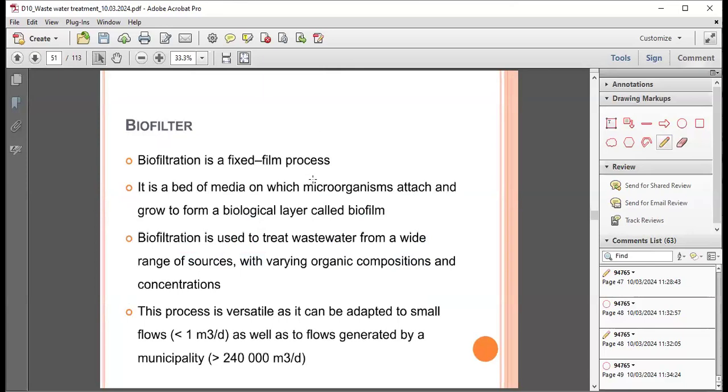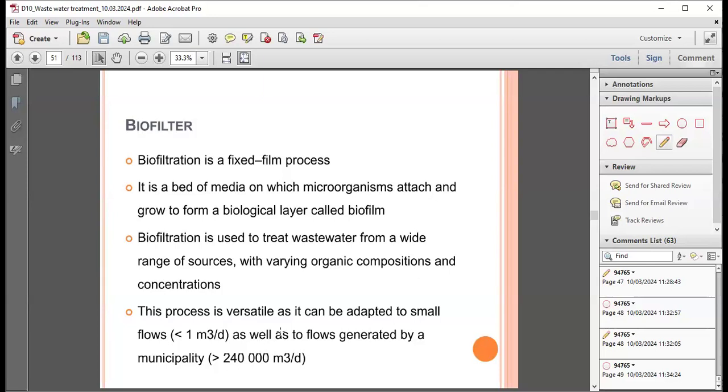So, the biofilter. The biofilter is a fixed film process. It is a bed of media on which microorganisms attach and grow to form a biological layer called biofilm. Biofiltration is used to treat wastewater from a wide range of sources with varying organic composition and concentration.